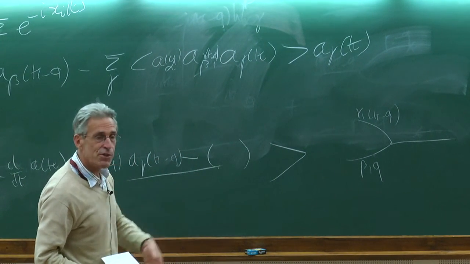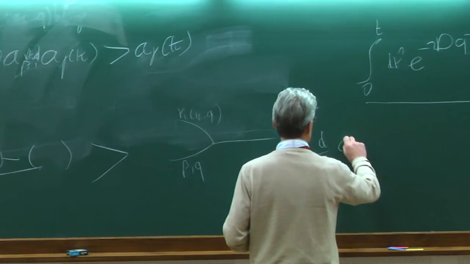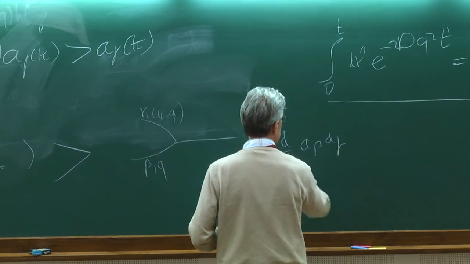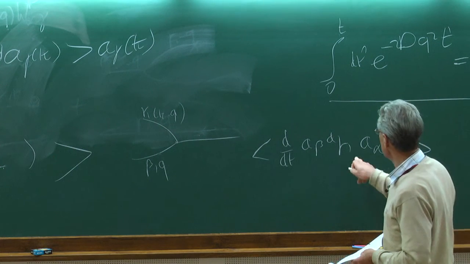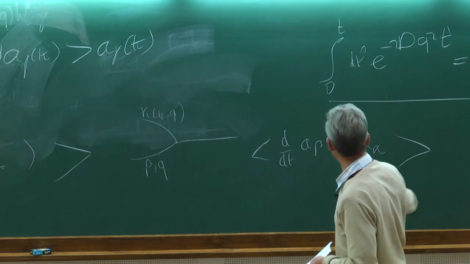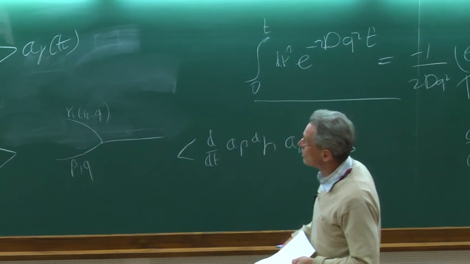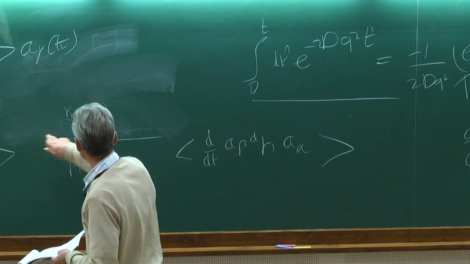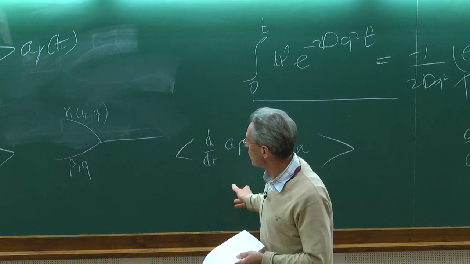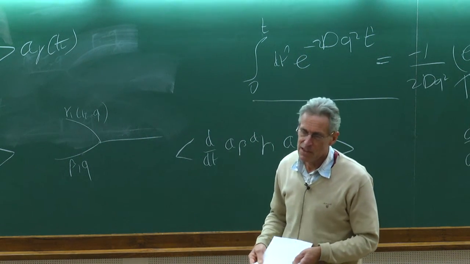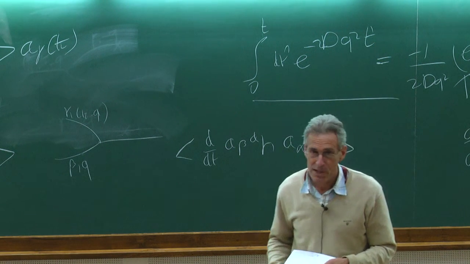And now, just because of stationarity, the time derivative of A beta, A gamma in a product with A alpha will be, up to a minus sign, the same as the time derivative of A alpha along A beta, A gamma. So automatically you find that the right and the left vertices are identical. Well, up to this factor i, but because of complex conjugation in the inner product, that minus sign drops out again.